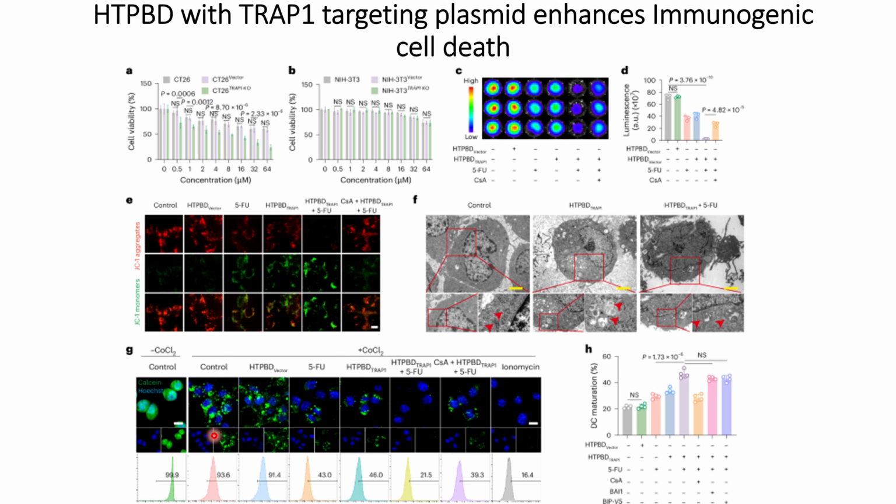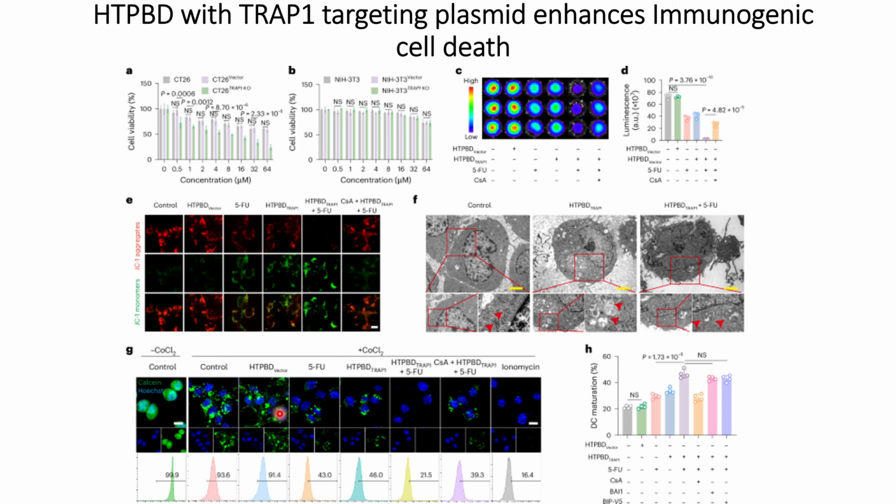When they did their studies, for the control we can see healthy mitochondria, with signals for calcein in the cytosol seen at around 96%, 93.6%, and 99.9%.